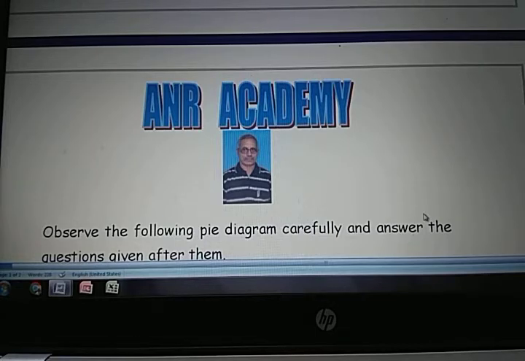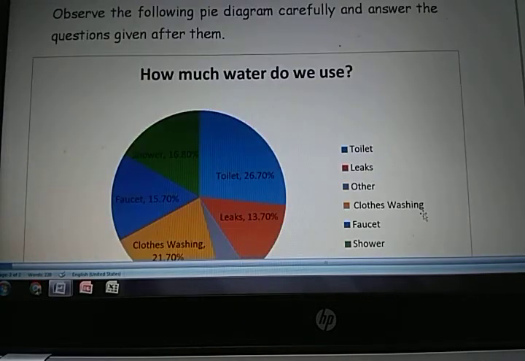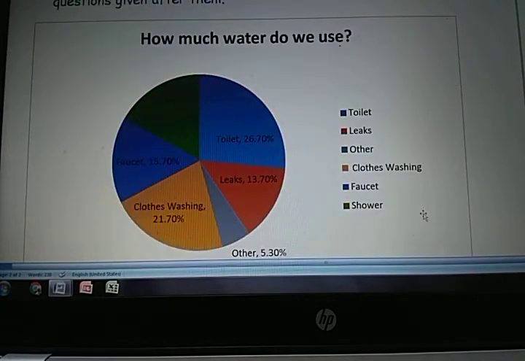Observe the following pie diagram carefully and answer the questions given after it. So, this is your pie diagram. A circle is given in which each and every component is divided according to its value.